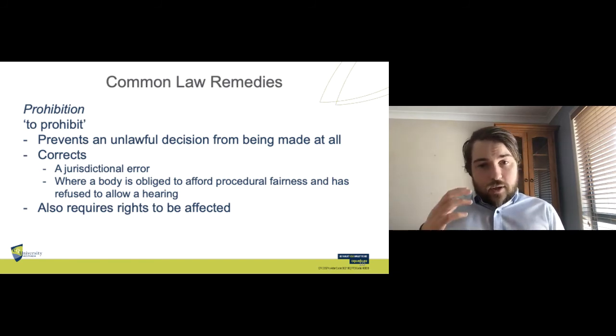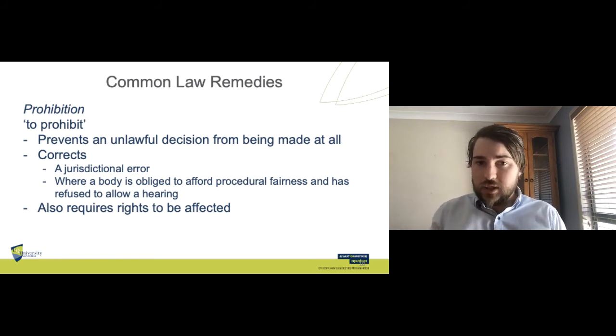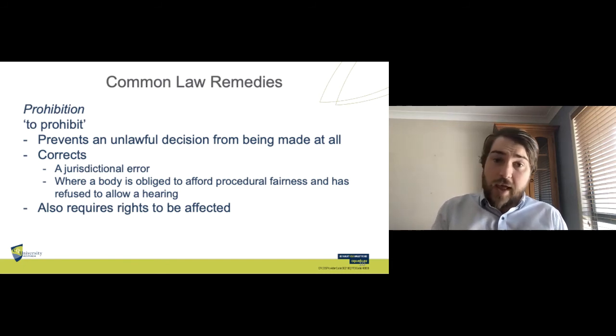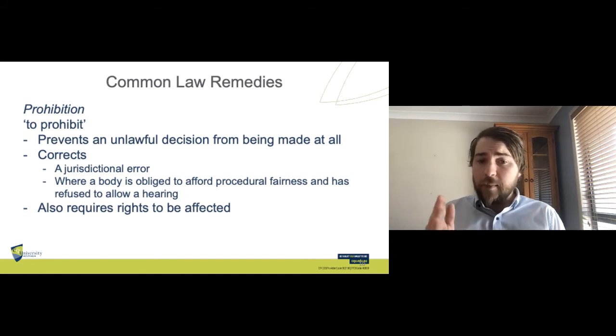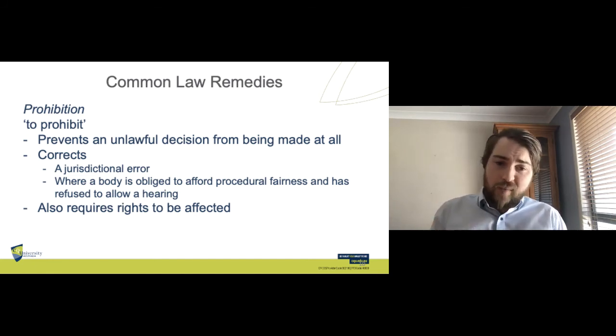So we would use this, for example, to correct a jurisdictional error. So where it looks like a decision maker is about to make a decision where they actually have no authority to make that decision, or where a body is obliged to afford procedural fairness but hasn't followed that yet.